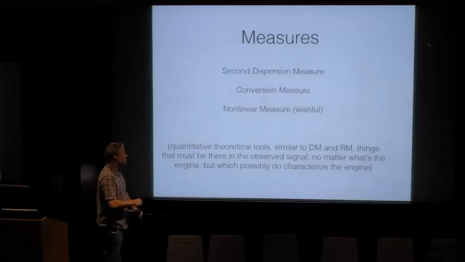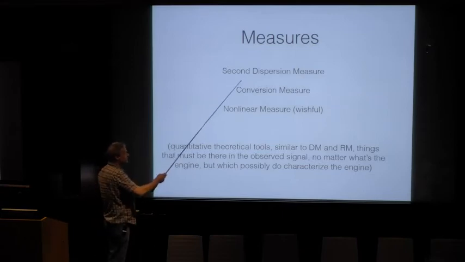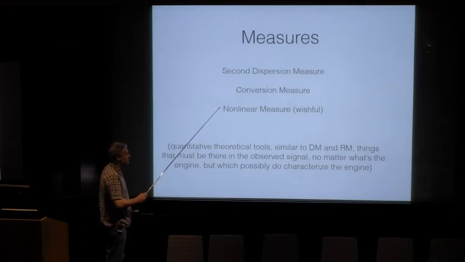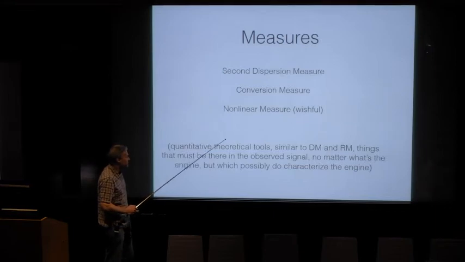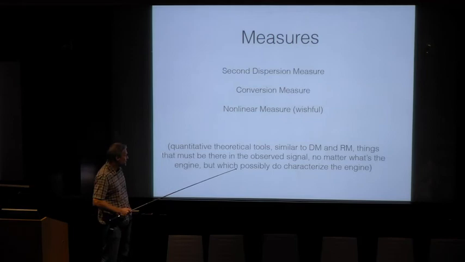So I want to talk about higher order measures. By definition, a measure is something which is contained in the signal. And the idea is that perhaps you will measure some of those measures.